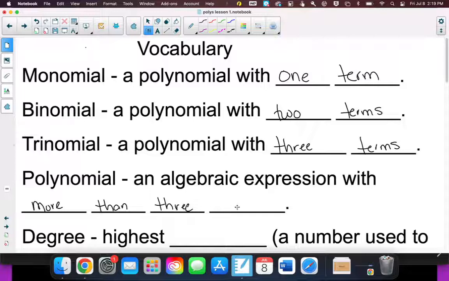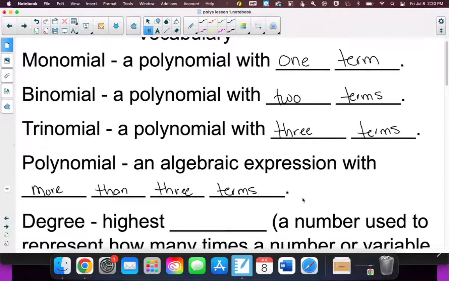So 4, 5, 8, however many there are. If it's anything bigger than 3, we just use the general term polynomial. Okay. And again, this is just so that we can name them, right? And we're going to get into these a lot more. To be able to look at you and say, okay, well, we're going to work with this binomial, you need to know that that means we're talking about 2 terms.